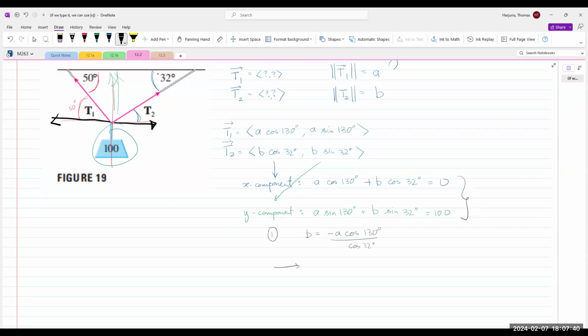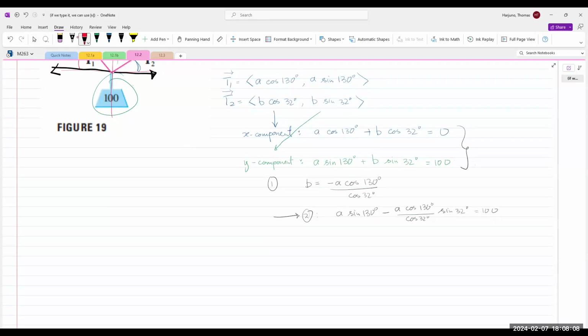And then I substitute that into equation 2. So A sine 130 degrees minus A cosine 130 degrees over cosine 32 degrees times sine 32 degrees equals 100. Okay, however, these two put together give us what?